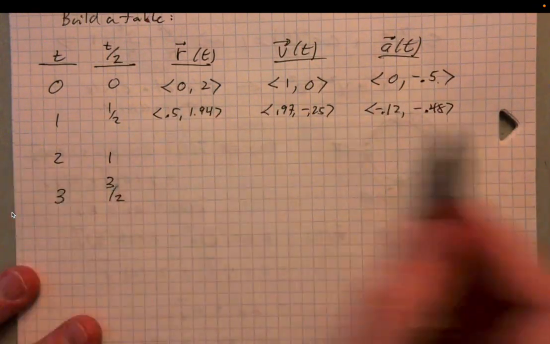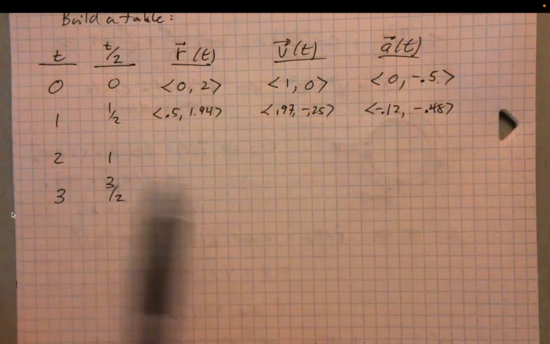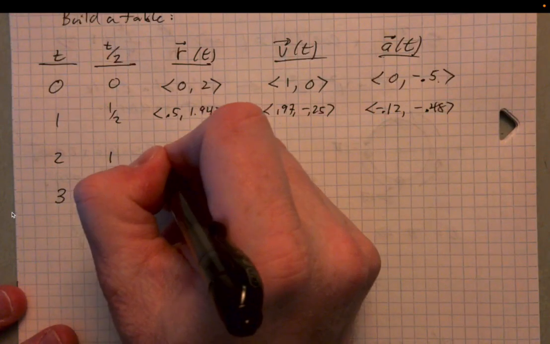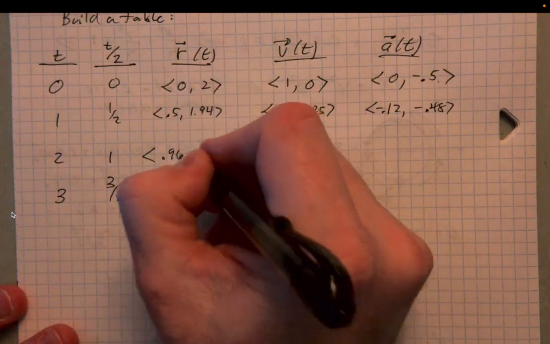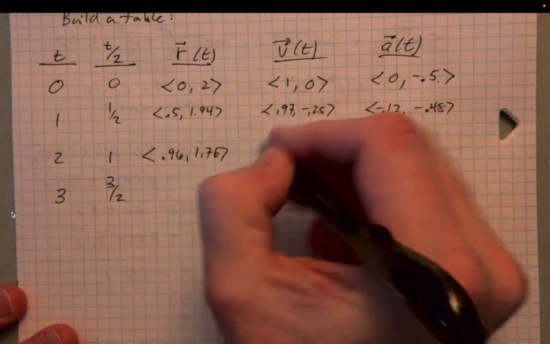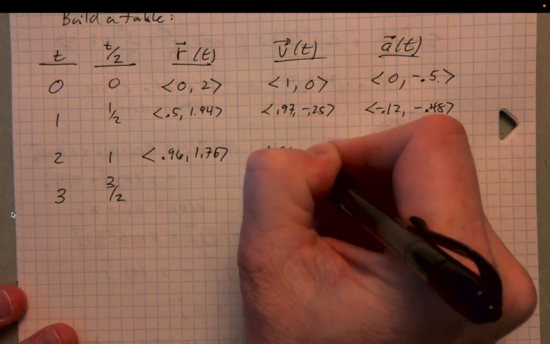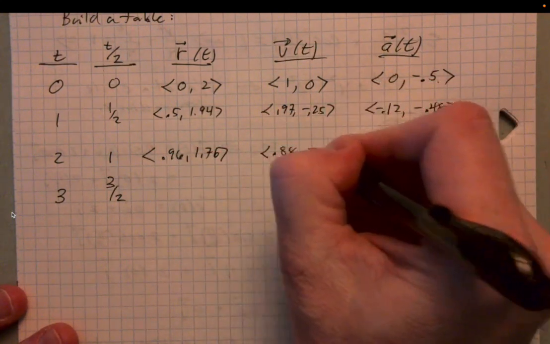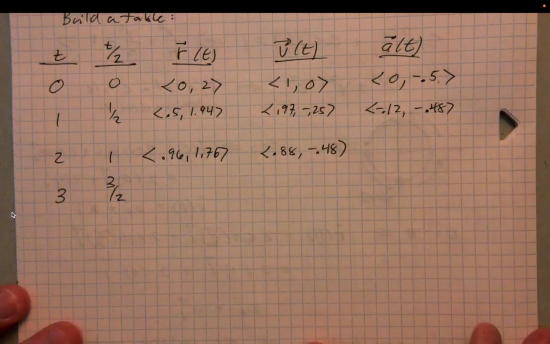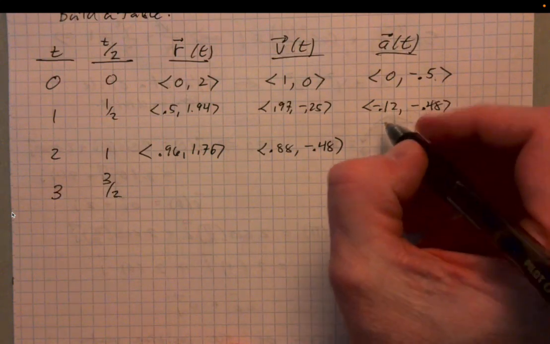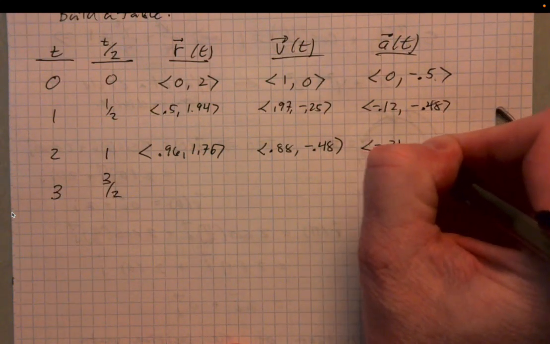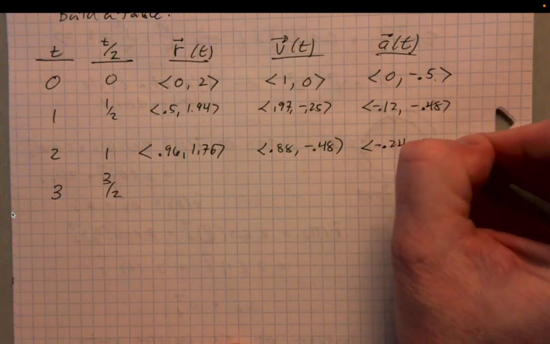Okay, so that's what it looks like at t equals 1. And at t equals 2, 0.96, comma 1.76, and then 0.88, comma negative 0.48, and then the acceleration at time equals 2 is negative 0.24, comma negative 0.44.